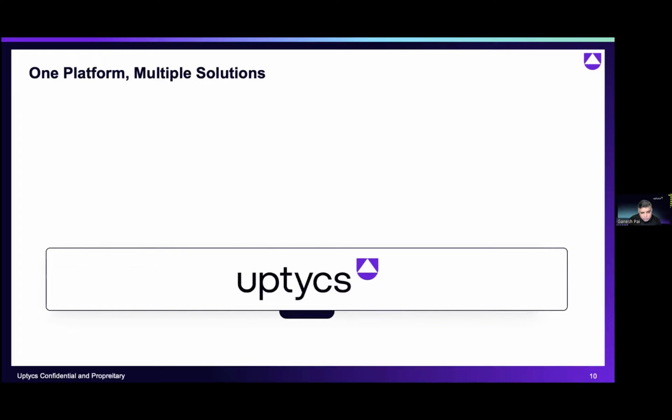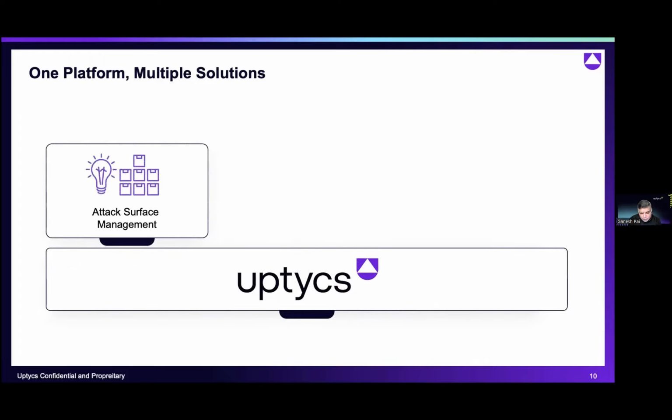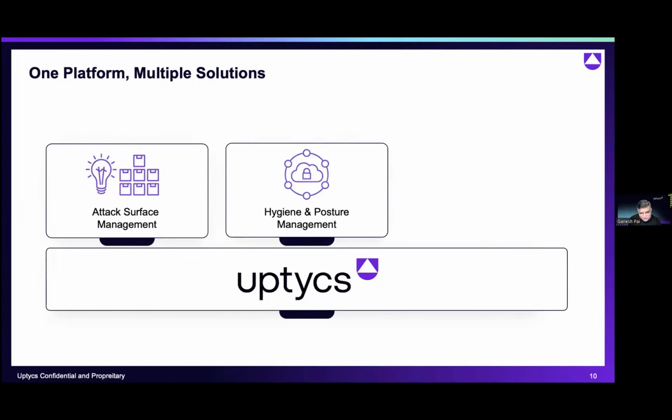Fundamentally, what we do is three pillars. We allow our customers to figure out what it is that they have. Second, as we discussed earlier, it's all about posture management. You want to understand whether you have misconfigurations and you've got your hygiene right.